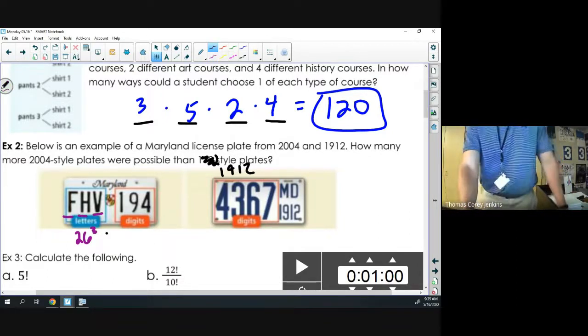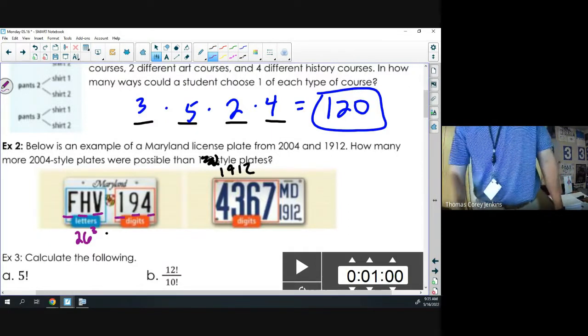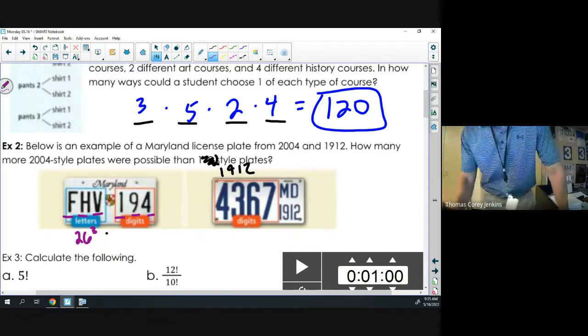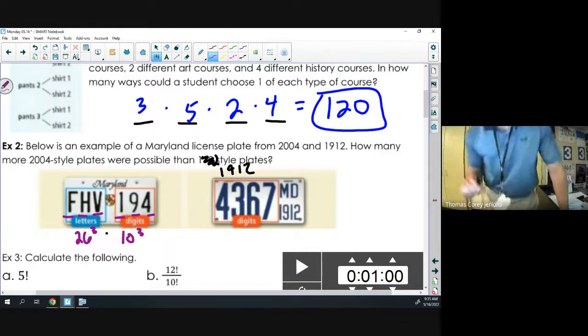And then that second box, we have 1, 2, 3 digits, right? So how many options do we have for digits? Think about a keypad on a phone, right? So there'd be what, 10, right? So 0 through 9 would give us 10. So we'd have 10 to the 3rd power ways to do that.